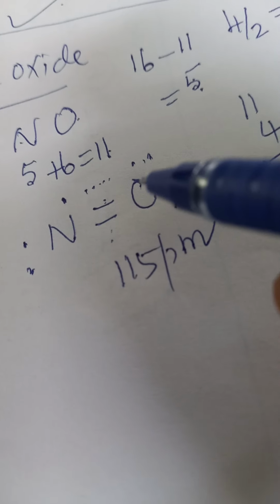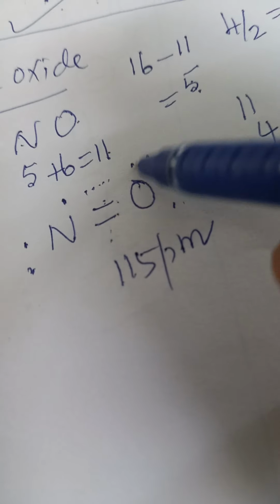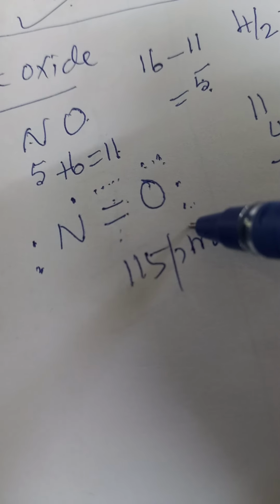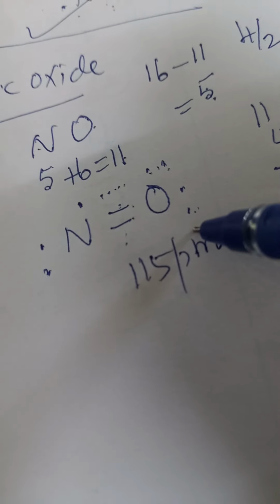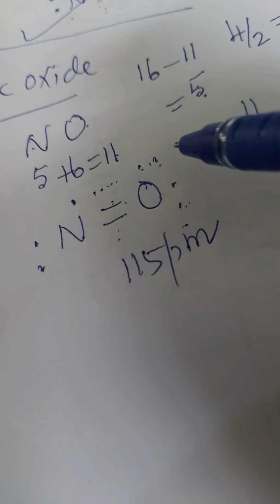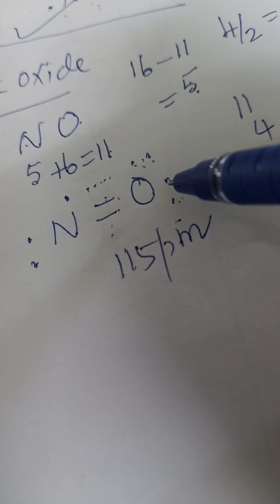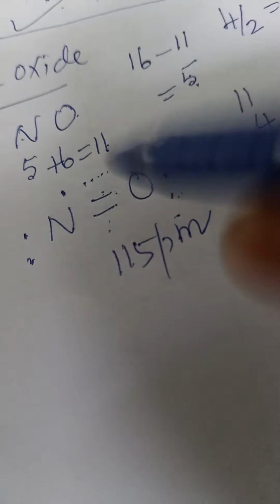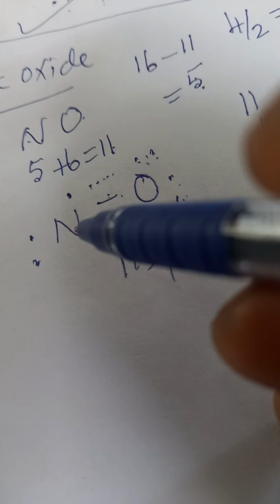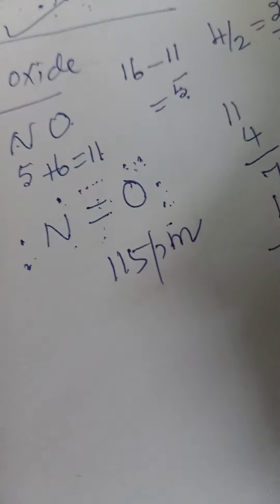Now to write the charges, here you see oxygen 2, 4, 6, balanced, no charge. Nitrogen 2, 3, 4, 5 balanced, no charge.